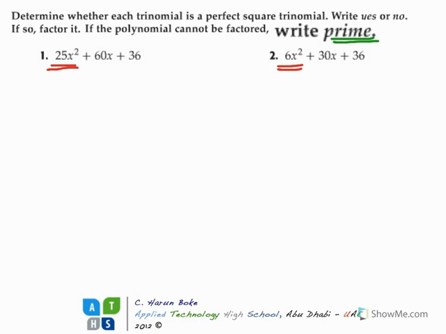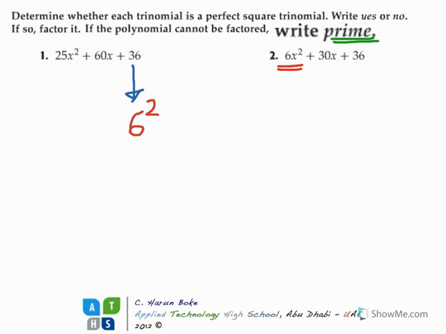Okay, let's start with number 1. Now we have 25x squared plus 60x plus 36. Now, is 36 a perfect square number? Yes, actually this is 6 squared.